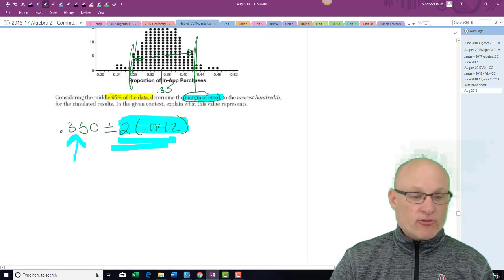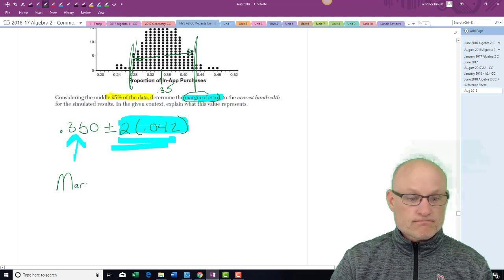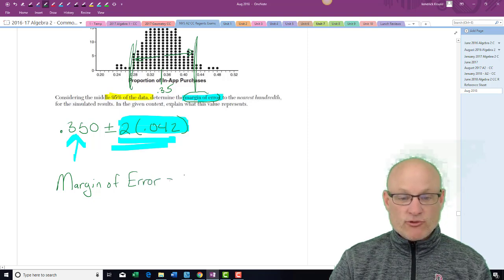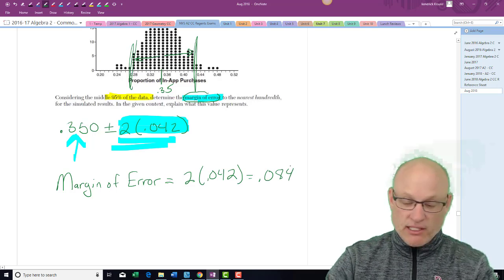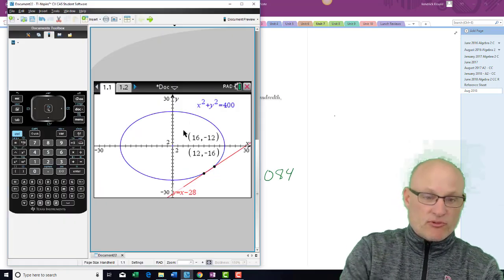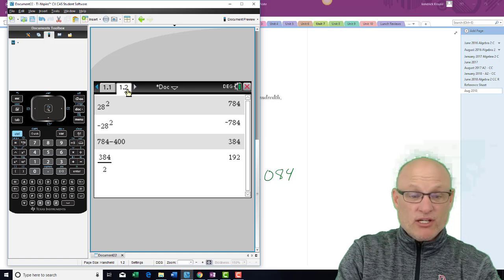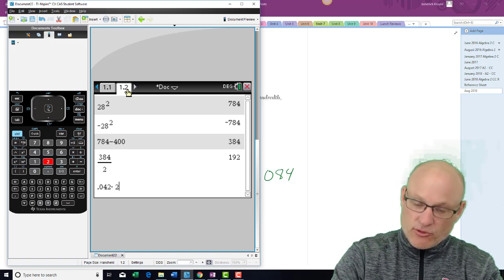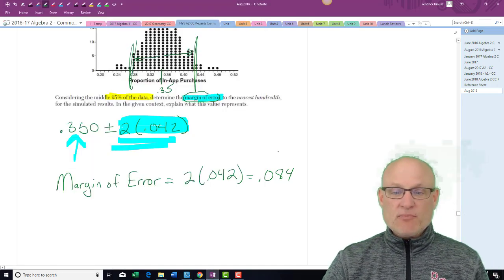So I'm just going to write margin of error equals 2 times 0.042, which is equal to 0.084, I believe. Let me just make sure I didn't make any stupid mistakes, because I like to make stupid mistakes, just like you. Times 2, 0.084. So this is my margin of error.